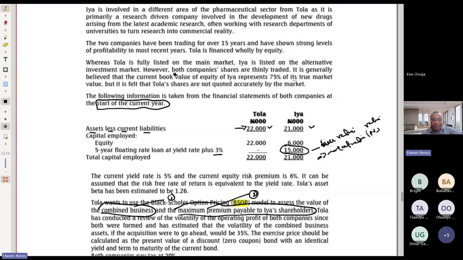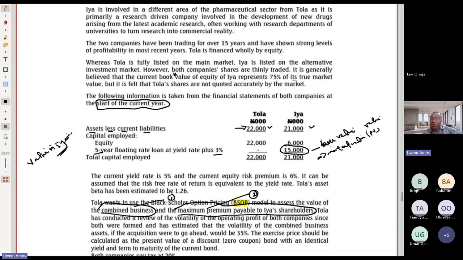Now this is a 5-year floating loan. So we need to determine what it is worth. What is it worth in 5 years' time? We'd always discount. It's a 5-year bond. So in 5 years' time, what is the 15,000 worth, which is the present value?